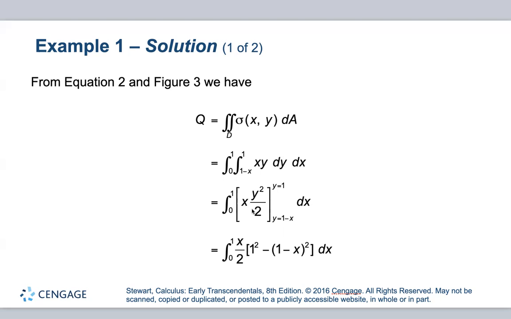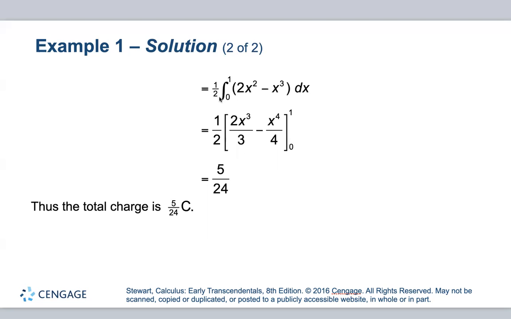So if you put that x and the 2 together, you get an x over 2. You have 1 minus x quantity squared. So inside this parentheses is 1 minus 2x plus x squared. I'm sorry, plus x squared, but you're subtracting it. So you have a 1/2, and that gives me a 2x squared minus x cubed.